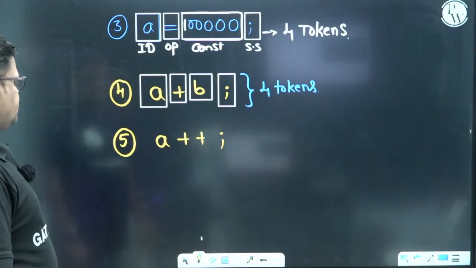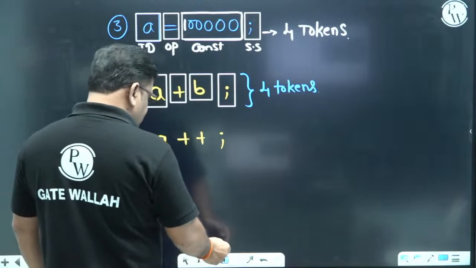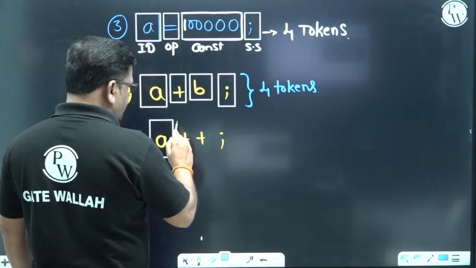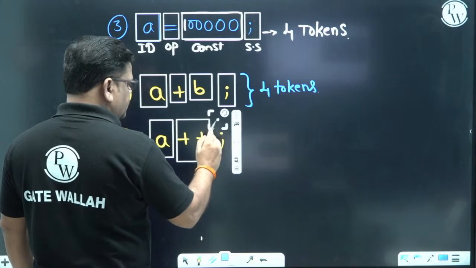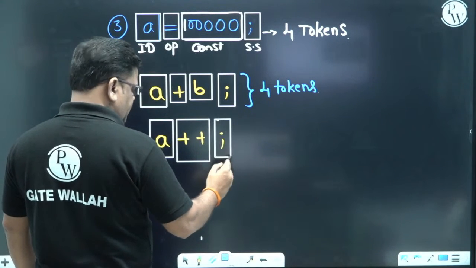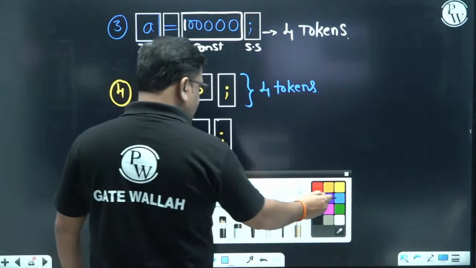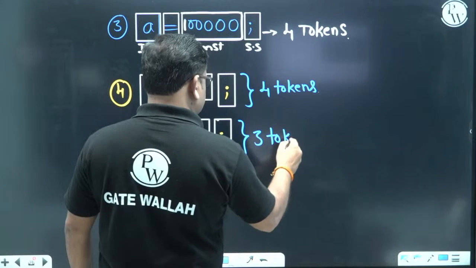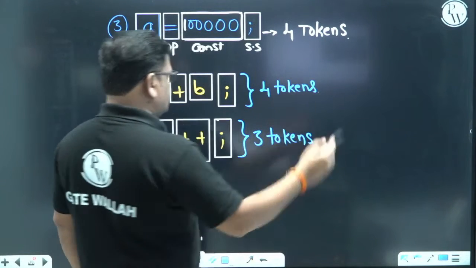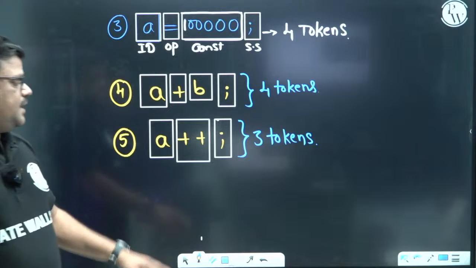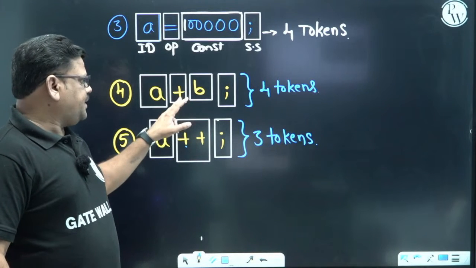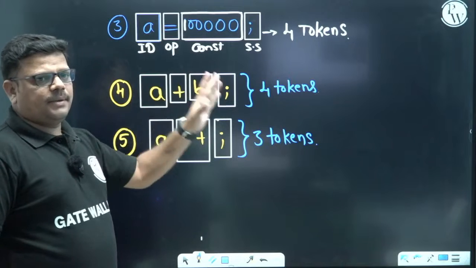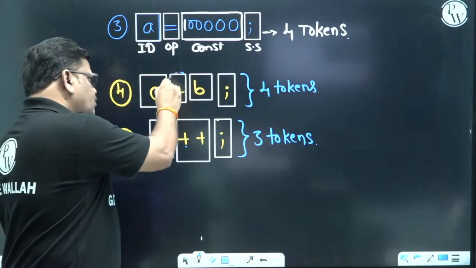So based on this, whenever we are generating tokens: 1 token here, 1 token here, 1 token here. The total number of tokens produced for this will be 3 tokens. Plus is an operator. When we see the next symbol, plus and B together do not form a meaningful one, so here plus alone is the token.